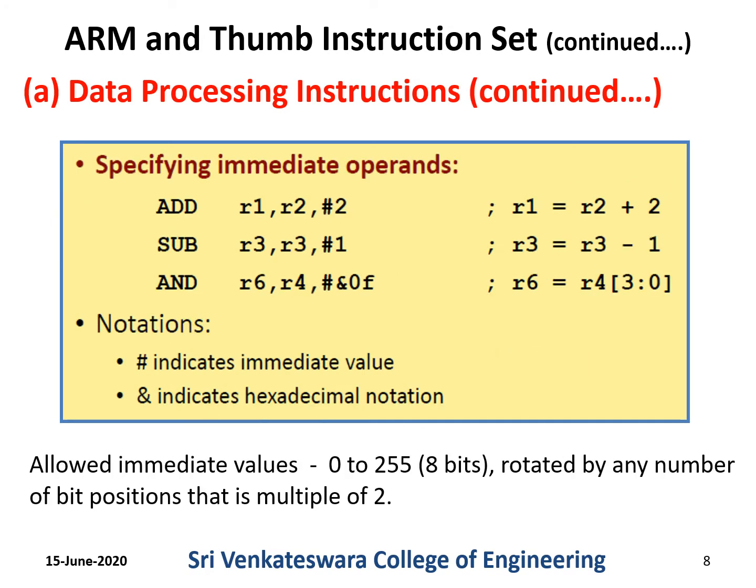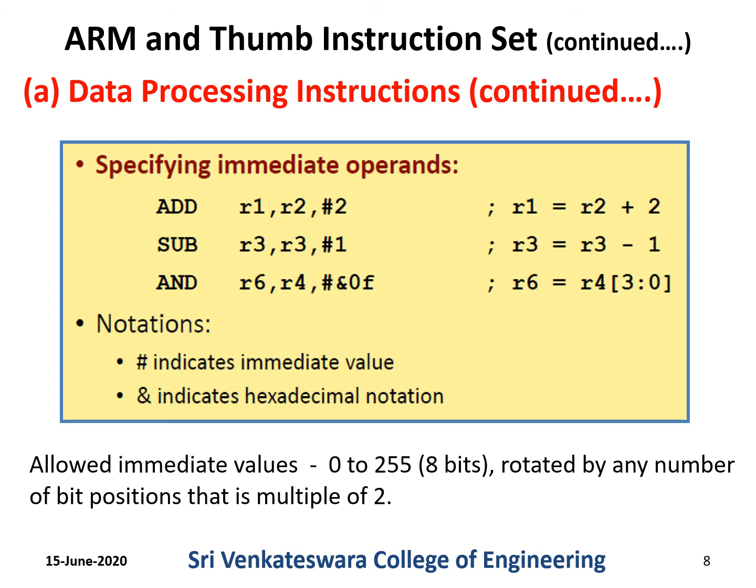Now using this example, we'll see how immediate operands can be specified in the instruction. So the first instruction, ADD R1, R2, #2. Immediate operands are specified using the hash notation. The value 2 is added with R2's content and the result is stored in R1.